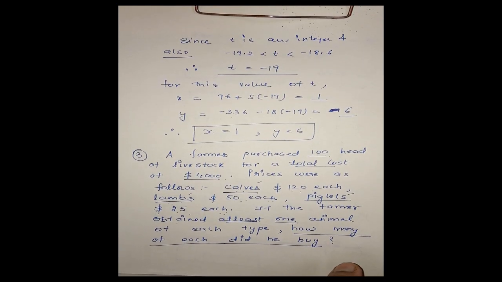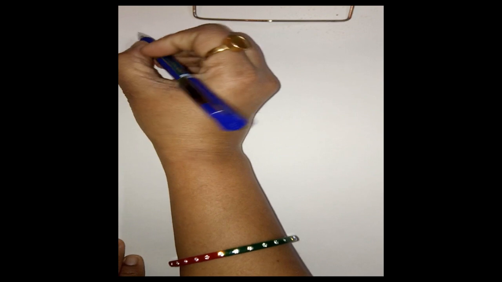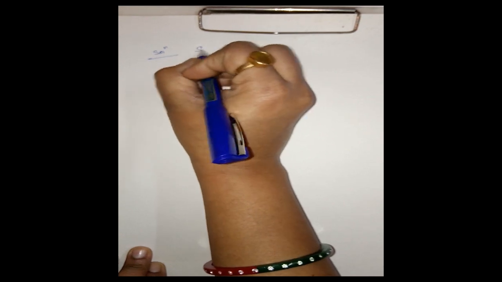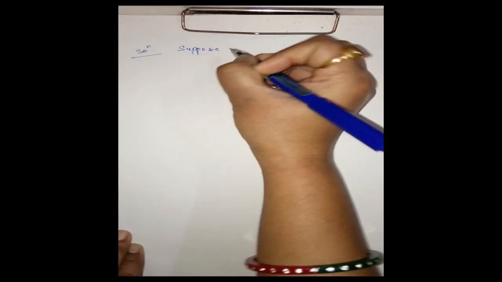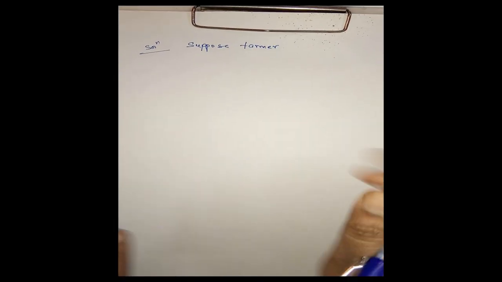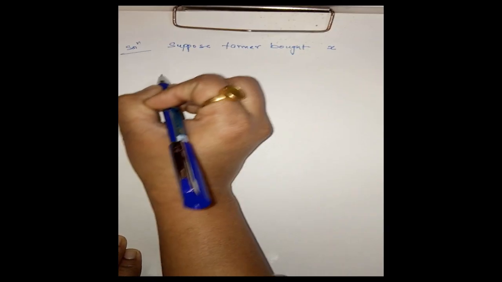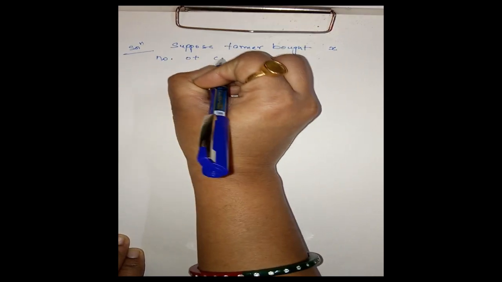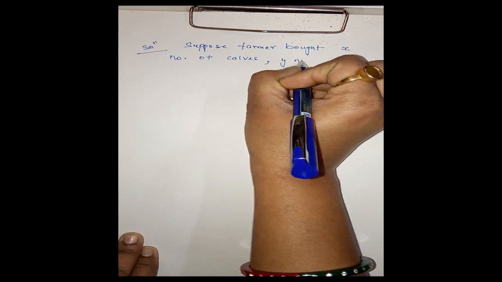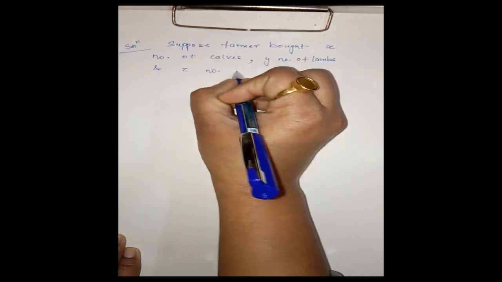Okay. Now we will start with our solution. We suppose that the farmer bought X number of calves, Y number of lambs, and Z number of piglets.